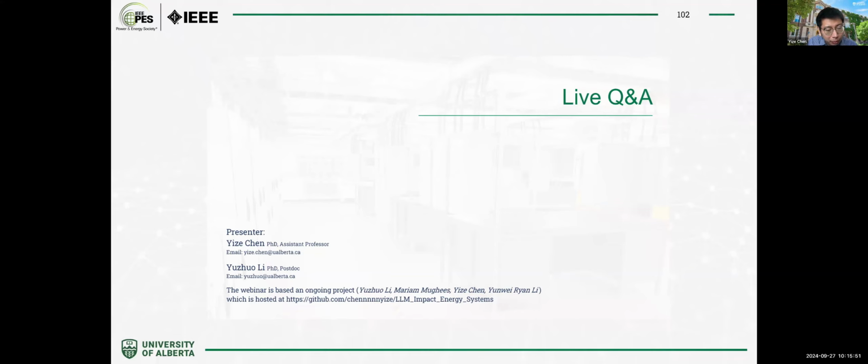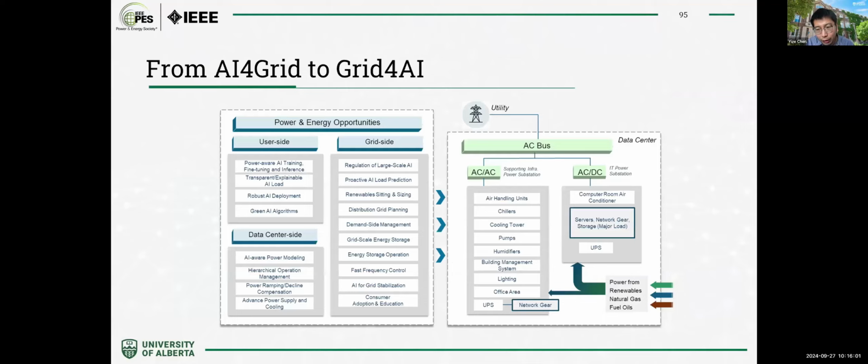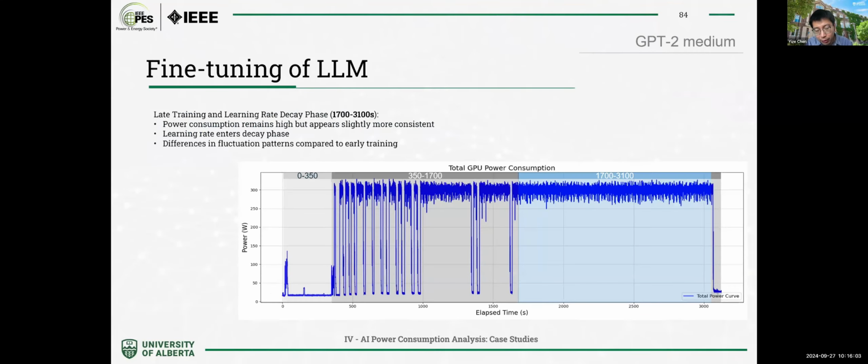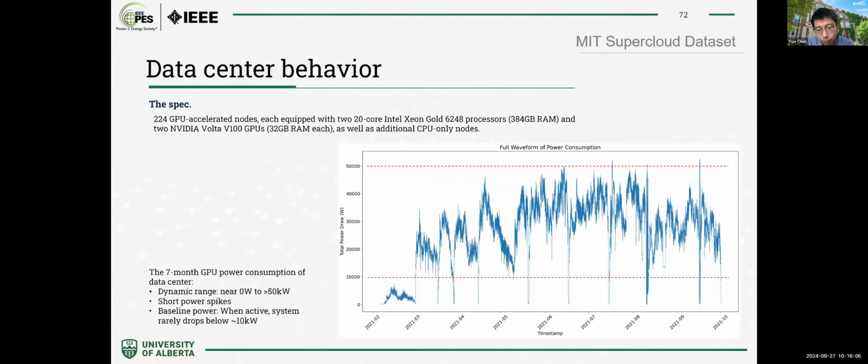This is also one limitation of our current research. We only did that for the MIT data center load, and the other is our own small language model. So I would say the answer depends. The ramping behavior or this kind of transient behavior depends on 2 factors. One, how many users are submitting their prompts at the same time. The second, whether we reach the limit of the so-called power throttling for a GPU.